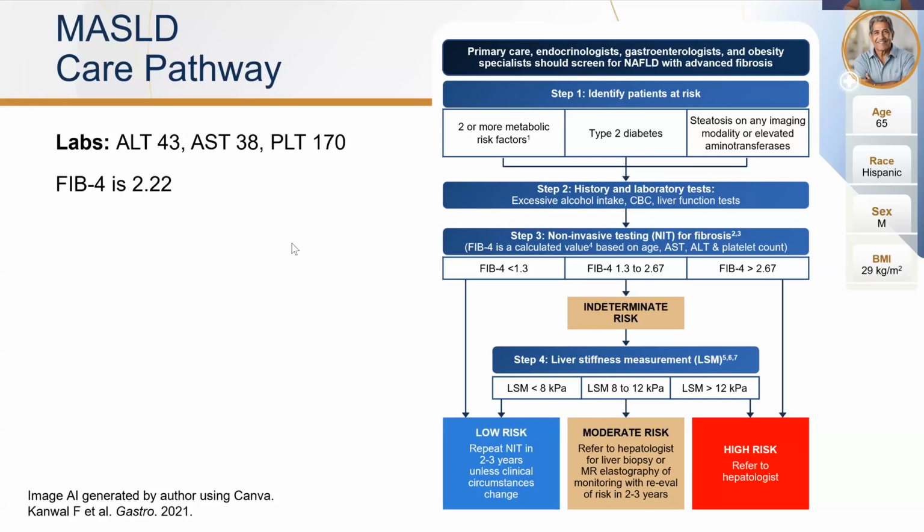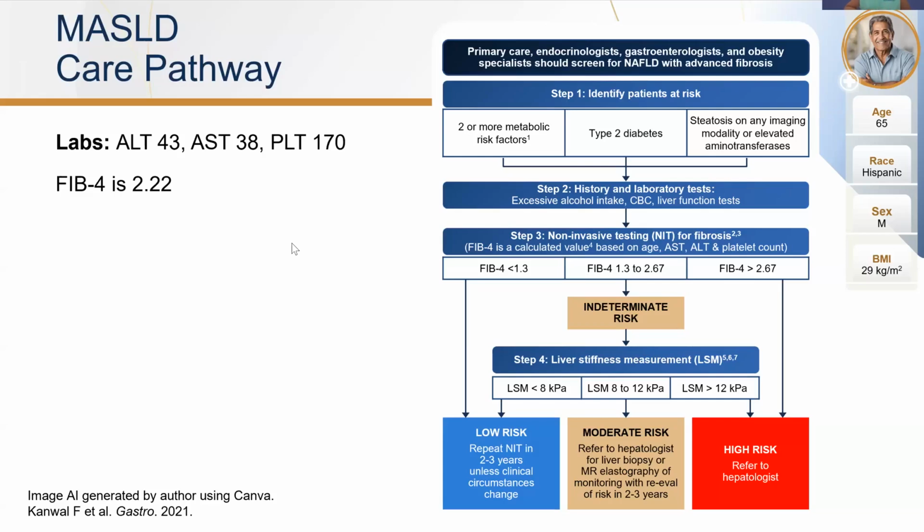So based on our risk stratification diagram here, if we have a patient who has 2 or more risk factors, including things like diabetes, hypertension, hyperlipidemia, polycystic ovarian syndrome, type 2 diabetes, that patient gets a CBC, liver function tests, and we screen obviously for alcohol.